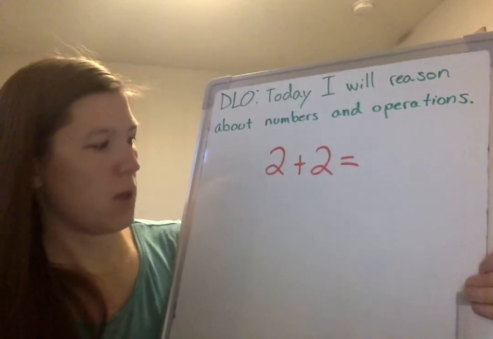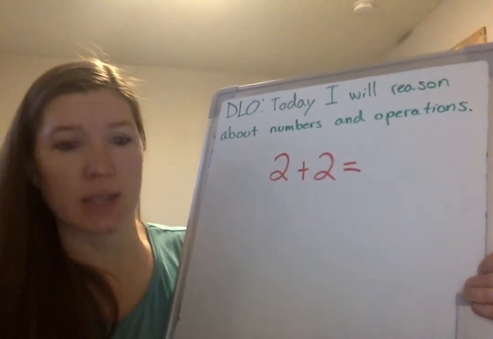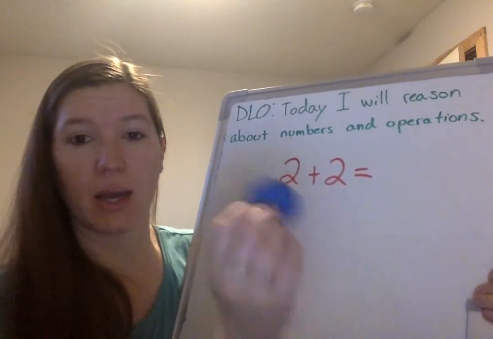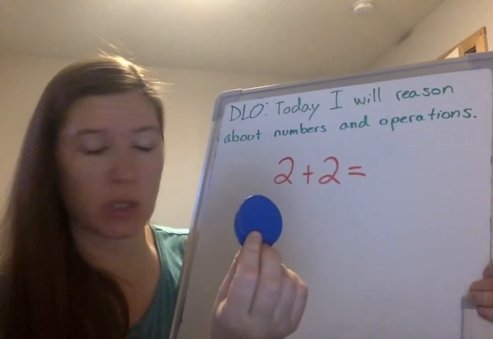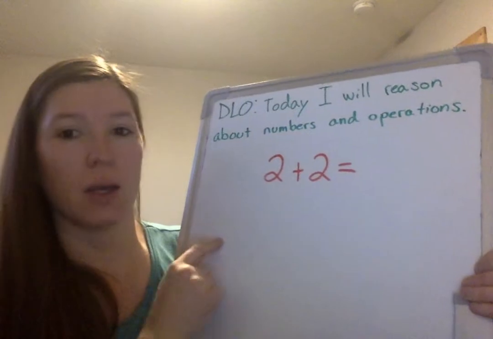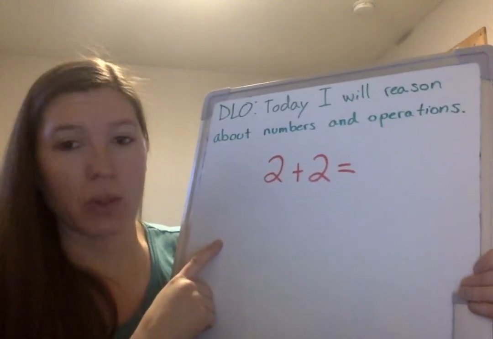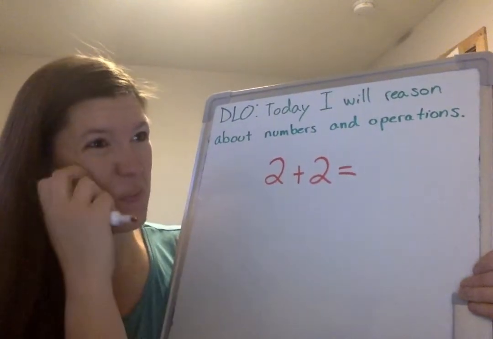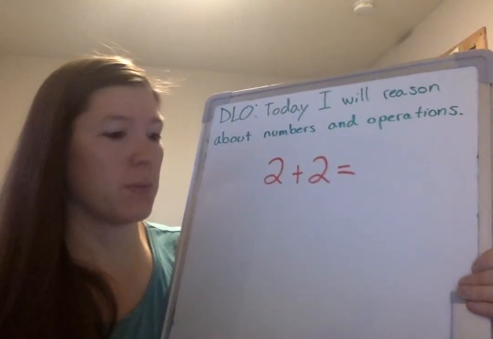So let's see. I have a few strategies I could use. I could use my chips. You could use your flippy chips. Or you can draw a picture. I'm going to do both for this one. So for the first one, I'll use my chips.